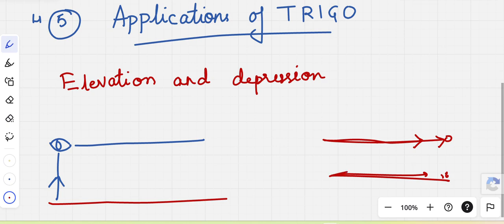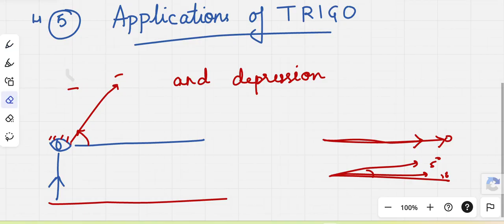Then it moves up a little bit more. Slowly this is 5 degrees. Do you see that? Similarly, the moment my eyelid opens and I start looking up at something, my eye has made an angle. Do you see that? My eye has made an angle.